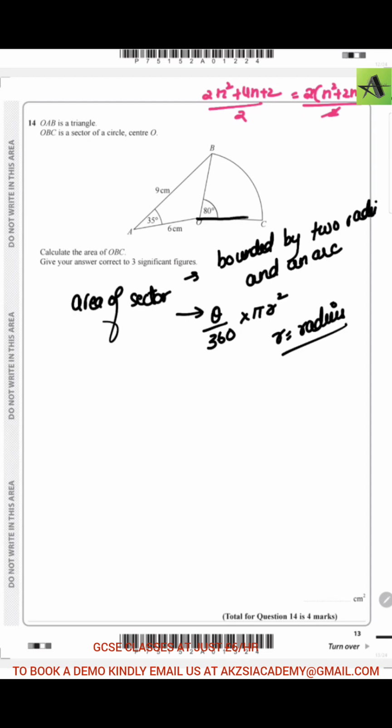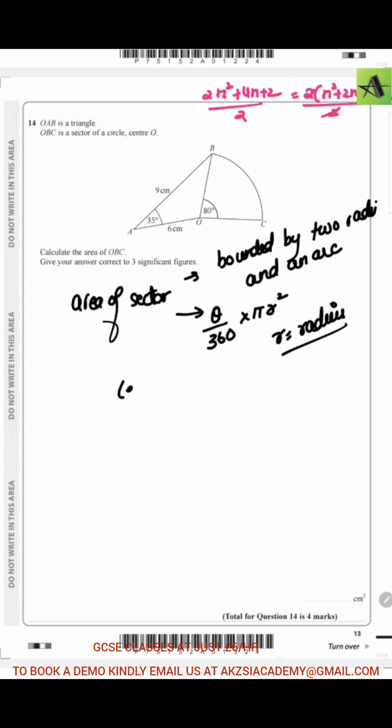This is the radius, obviously, and theta stands for angle. This is the angle that is bounded by the two radii, which is 80 degrees in this case. I'll be doing it later, but let me just write down the formulas first.